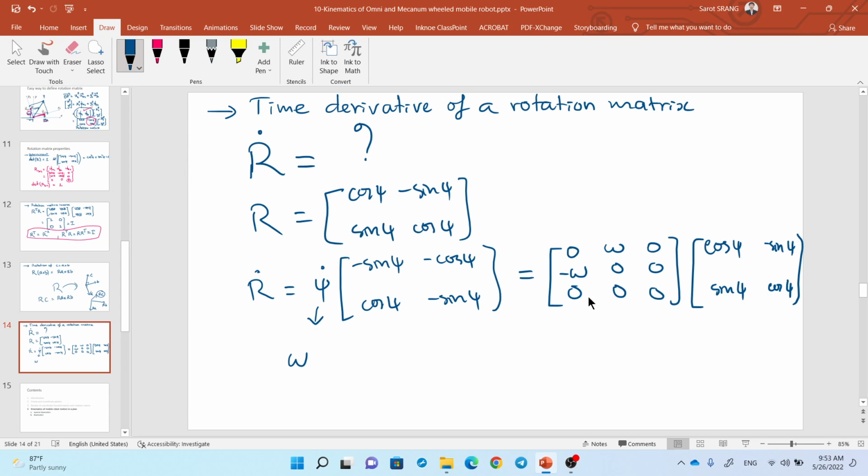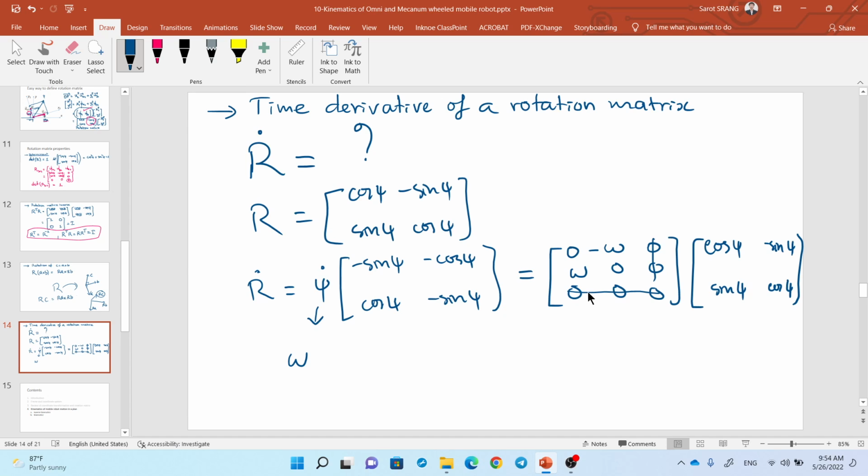I think I cut out this, right? Yeah, cut out this. So it doesn't seem right. This one minus. No, I think minus is here. Yeah. Okay.